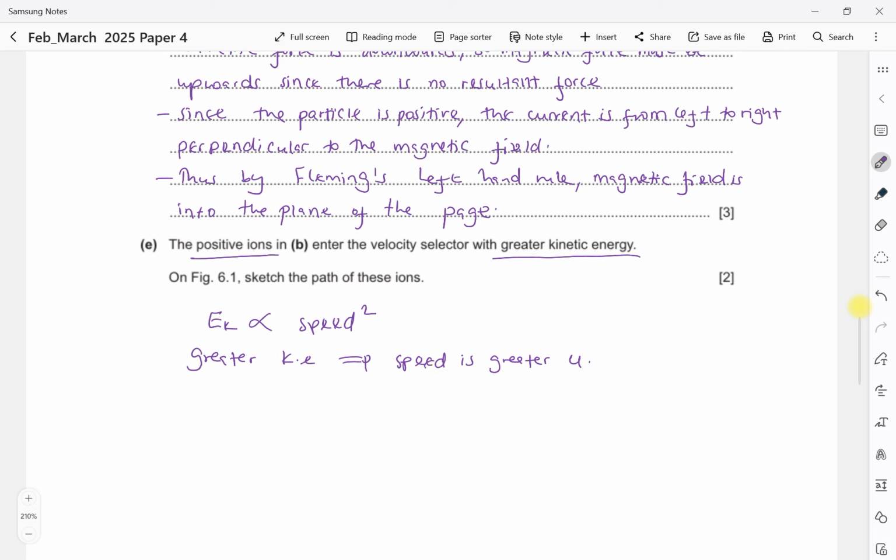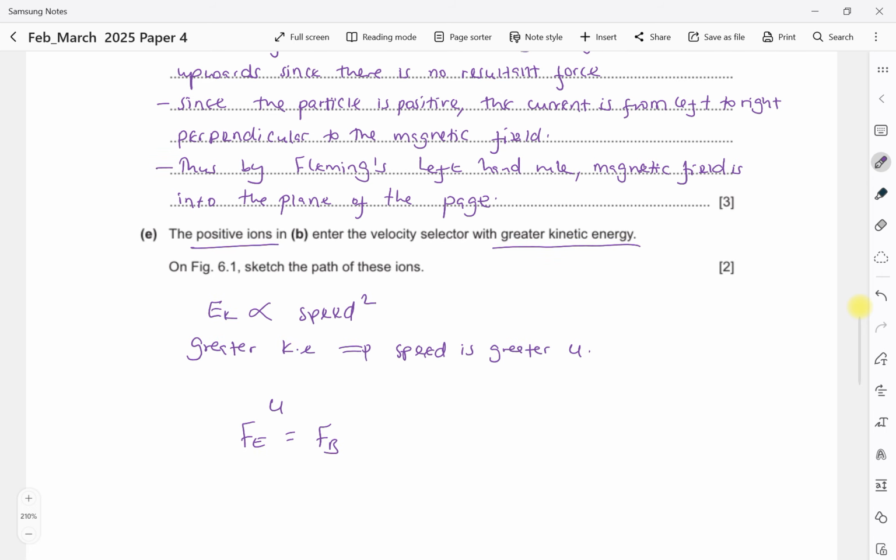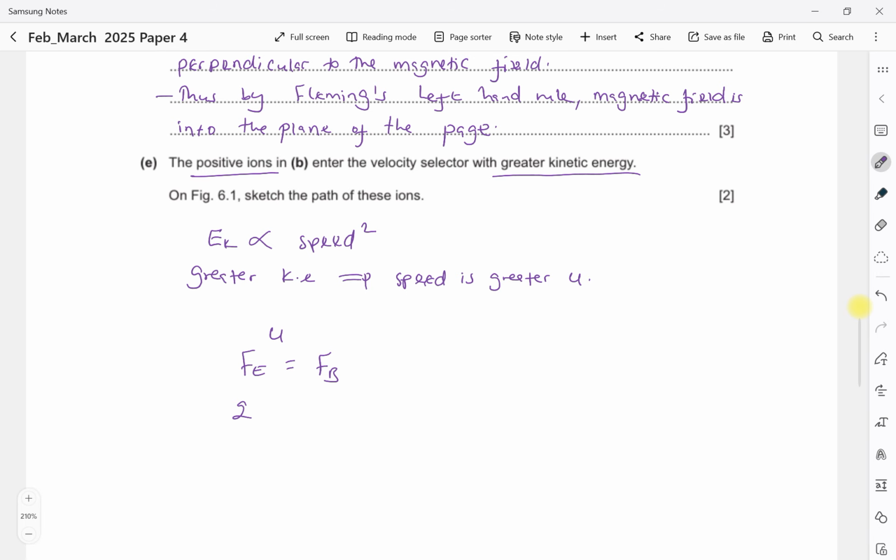What does that imply? Remember, for no deviation, the electric force is supposed to be equal to the magnetic force. The electric force is given by QE. The magnetic force is given by BQu.